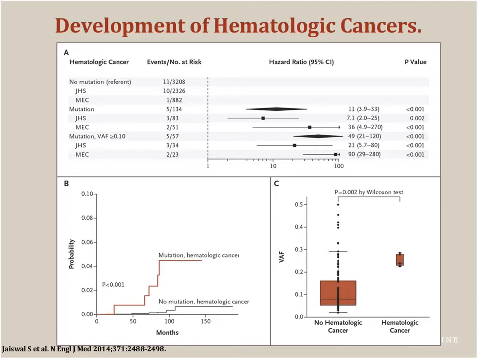And here you can see the breakdown, with the increase in hazard ratio in this forest plot for the individuals in these individual cohorts. So for the JHS and the MEC cohort, you can see there was a higher incidence of mutation and associated malignancy in the MEC cohort.